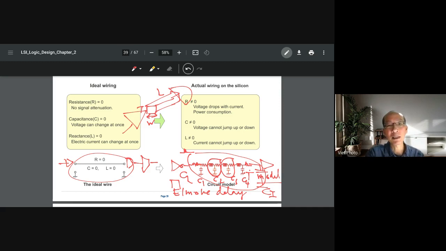This wire is shorter than before, but the thickness now is much thinner than before, let's say 5 to 10 times. The width here, let's say before we had the 40 nanometer node, is in the range of 50 to 100 nanometer.